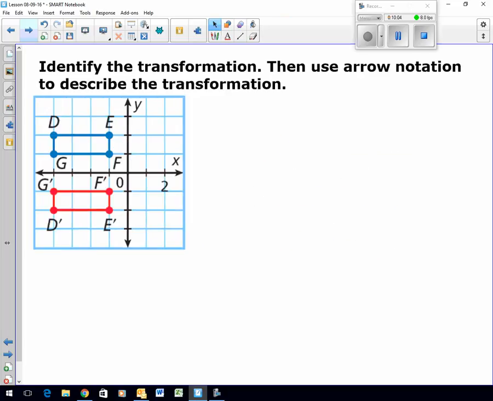Next, tell me what happened. Y'all, please write it down. Think about it. Write it in your notes. What happened here? If you rotate, if you reflect, if you translate. Notice very carefully where my prime letters are located.